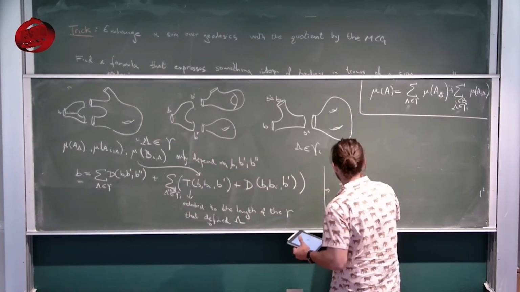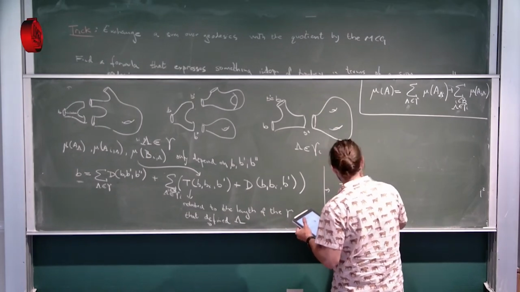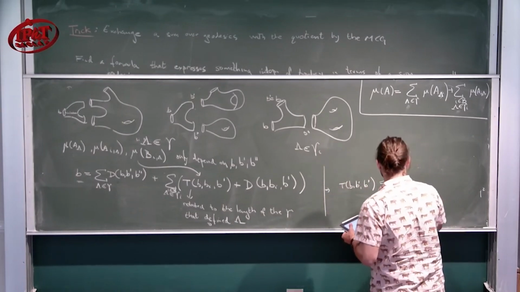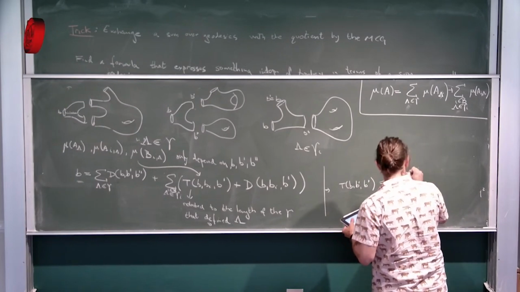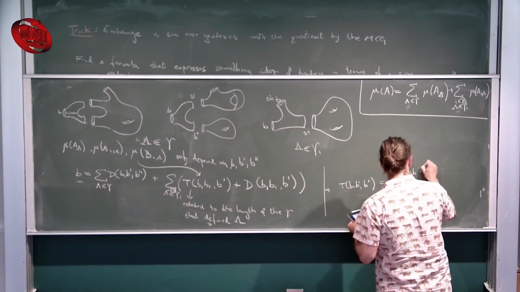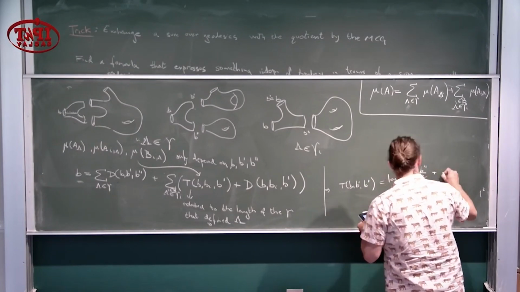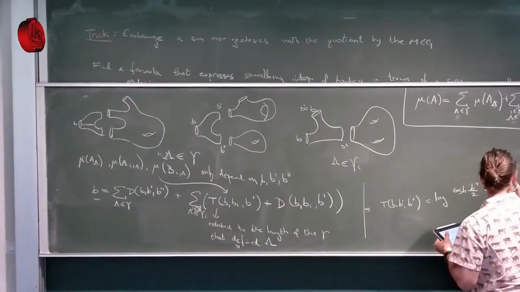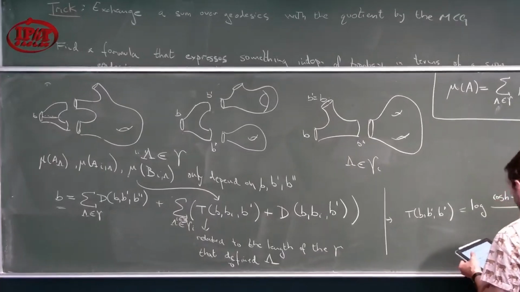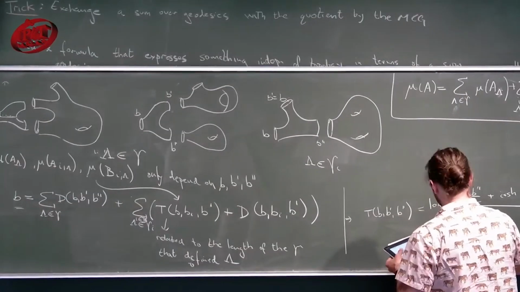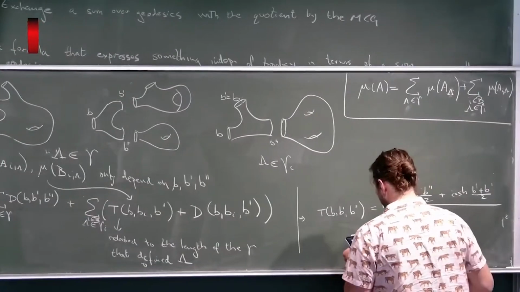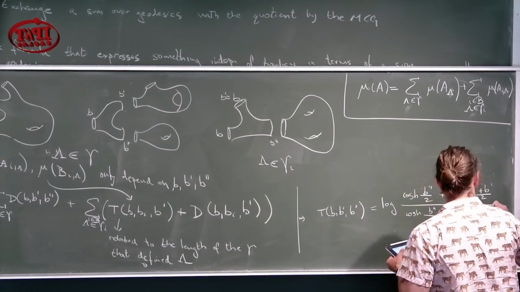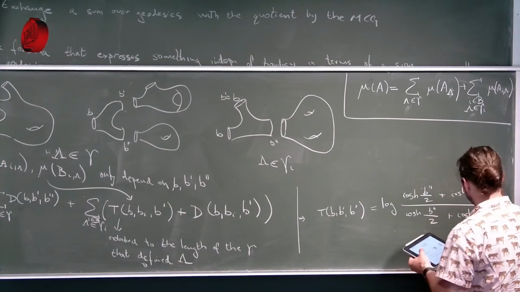So for instance, T of B, B prime, B double prime is the log of cosh of (B double prime over 2) plus cosh of ((B plus B prime) over 2), divided by cosh of (B double prime over 2) plus cosh of ((B minus B prime) over 2).